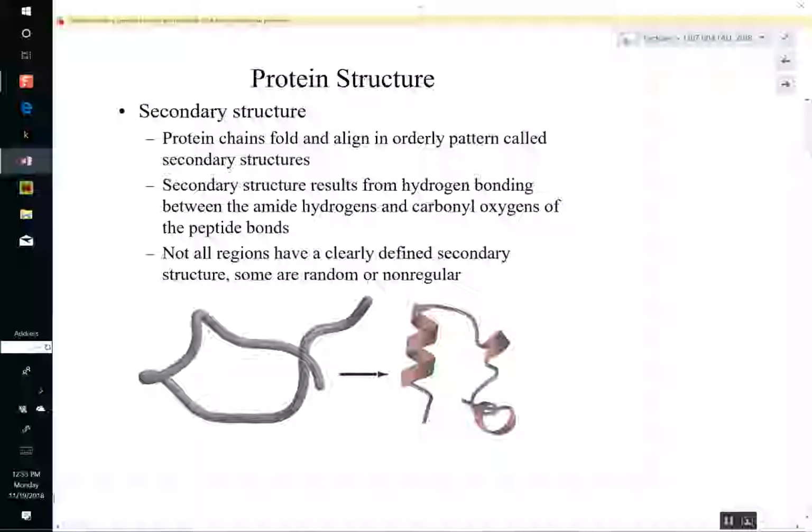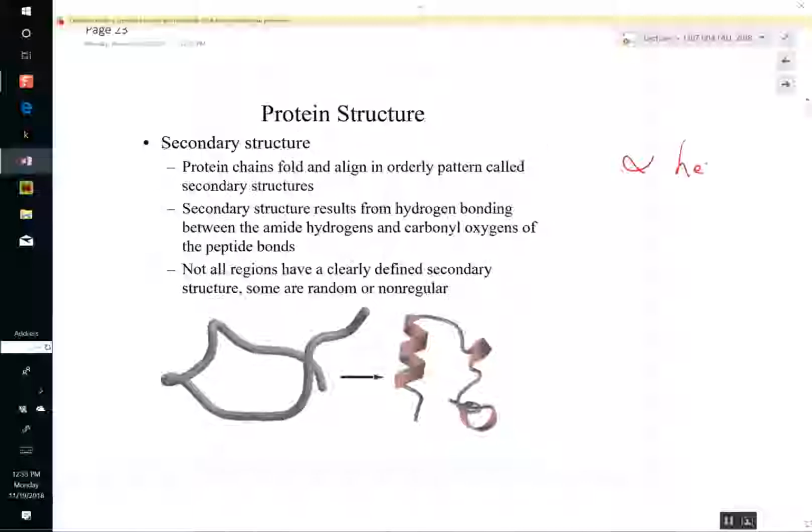Secondary structure: that protein strand can start twisting into two particular shapes, either the alpha helix or the beta pleated sheet.